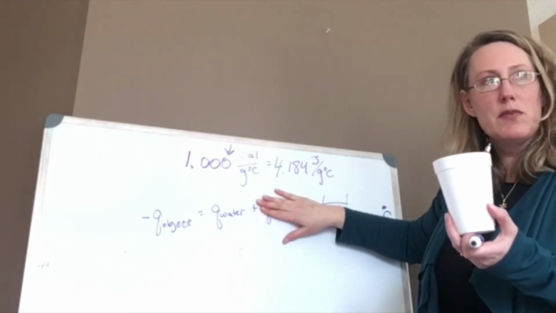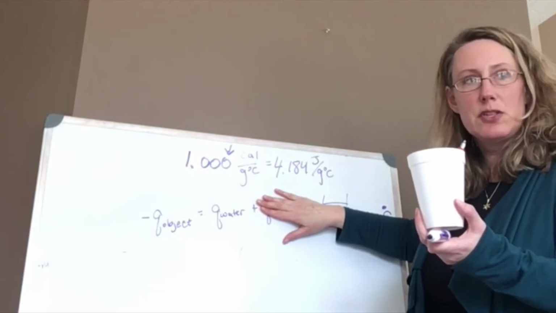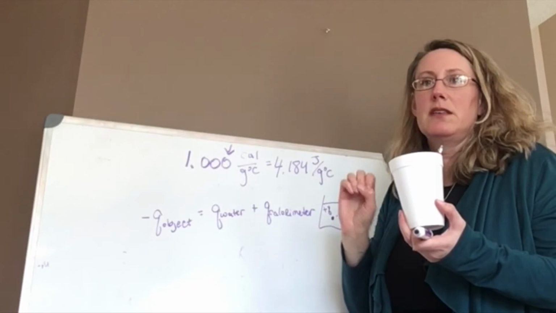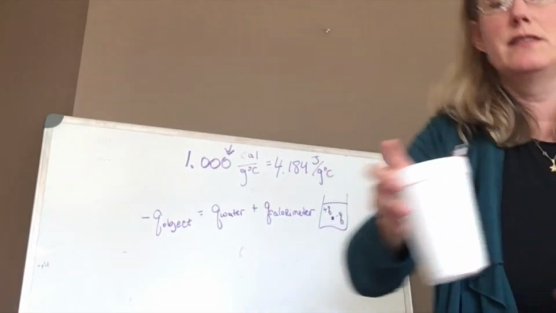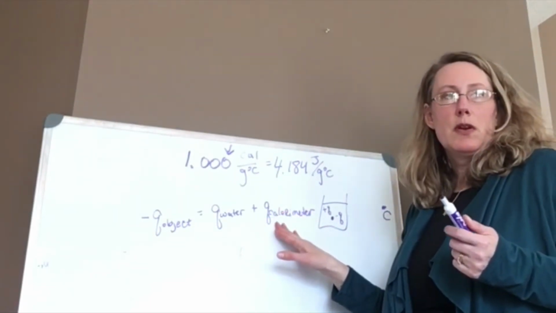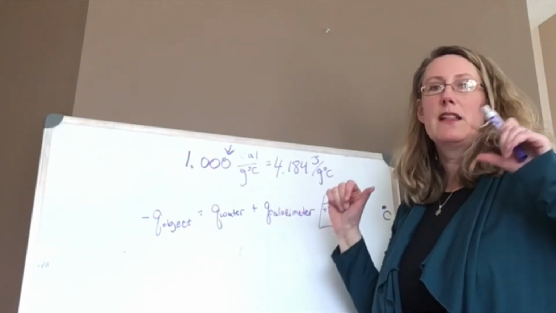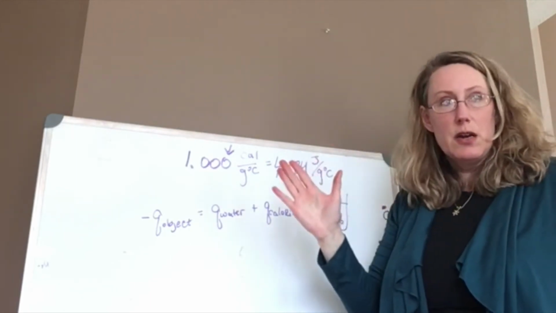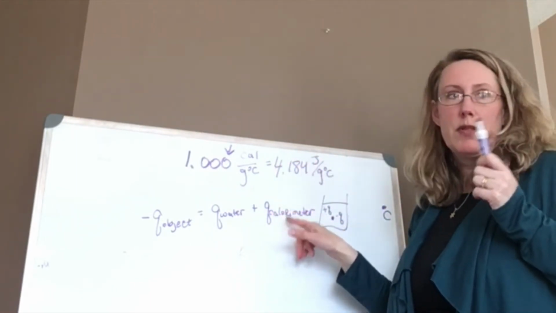So the heat that comes off your object is the heat that's going into your water. But at least one of them on your test is not very nice, and they say you also need to figure out the heat for the calorimeter. Boo! So that is a super long problem, just warning you now. But it's not any harder, it's just adding one more thing in there.